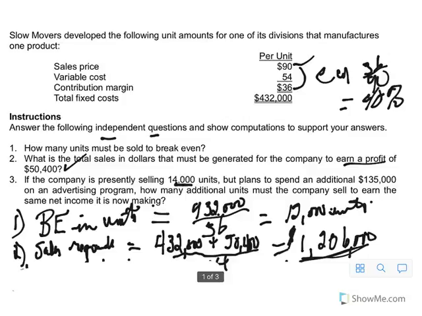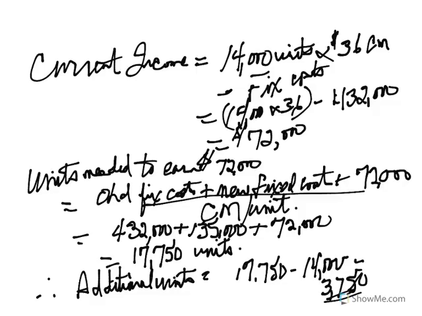And then how many units will they need to make that same net income if I increase my fixed costs by 135,000. And so we will first of all determine the net income. The current income is 14,000 units times the contribution margin on each unit minus the fixed costs. So it's 14,000 times 36, that's my total contribution, minus the fixed cost of 432, and I have a current profit or net income of 72,000.